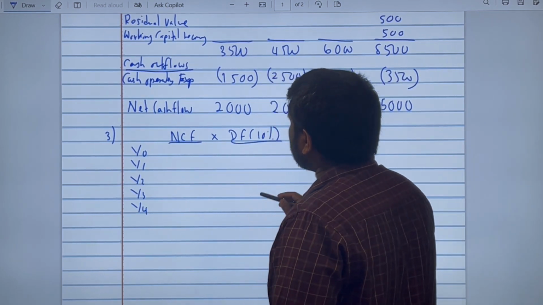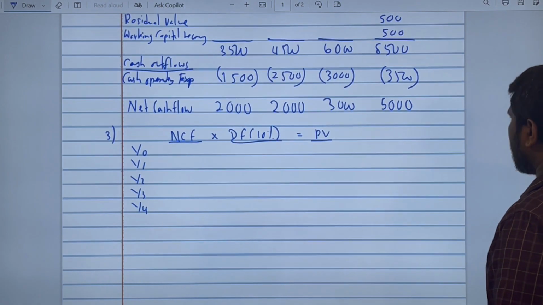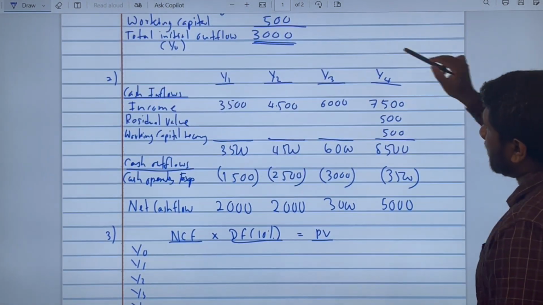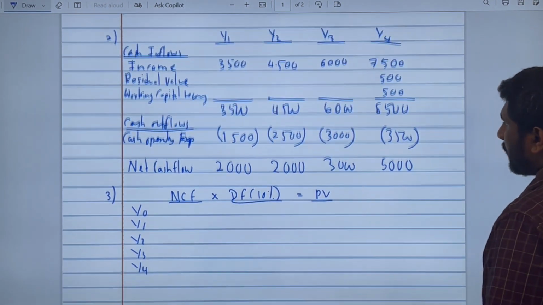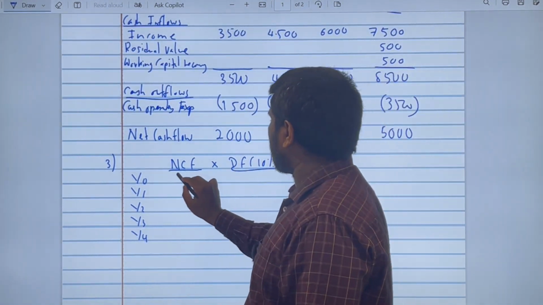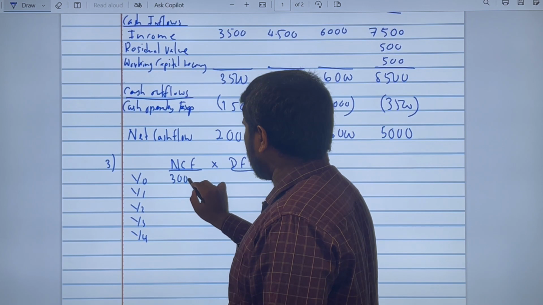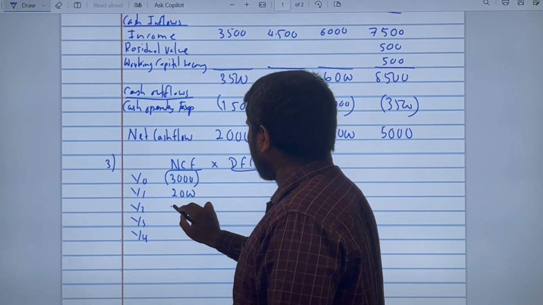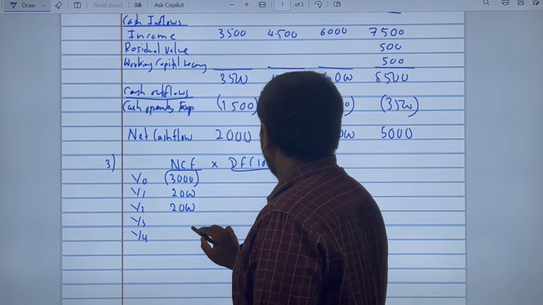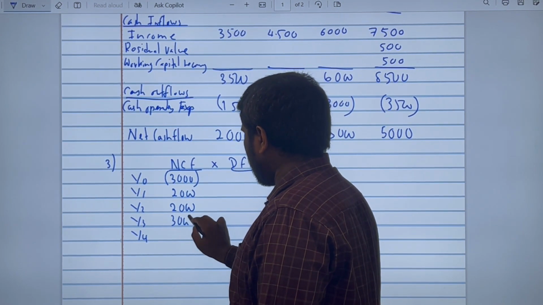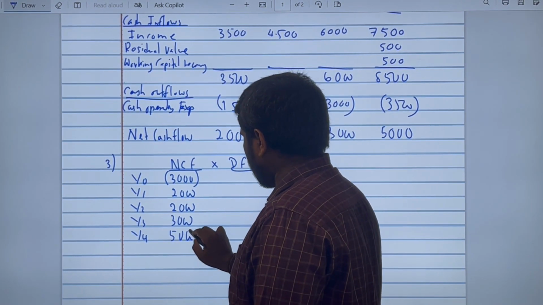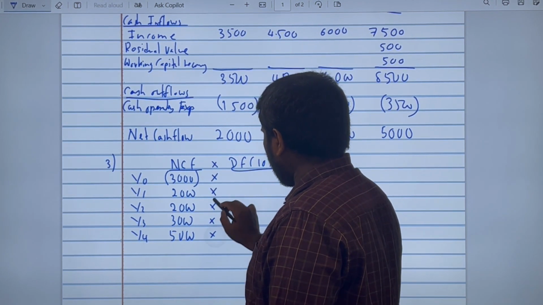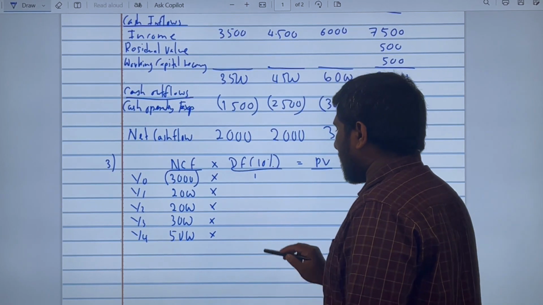So net cash flow in year 0, we found it earlier: 3,000 outflow, negative. Then here 2,000, 2,000, 3,000 and 5,000. Now let's multiply by the discounting factors. Always the year 0 discounting factor is 1.